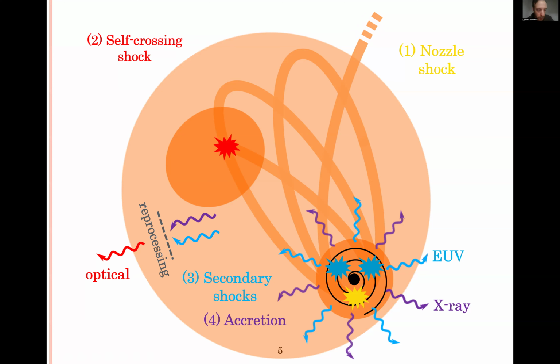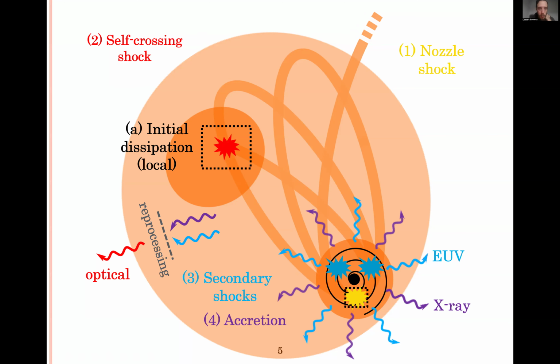So now in the rest of the talk, I'll come back to the different phases, starting from the nodal shock, where the stream comes back to pericenter, followed by the self-crossing shock when the two stream components collide with each other. And those will be studied using local simulations.